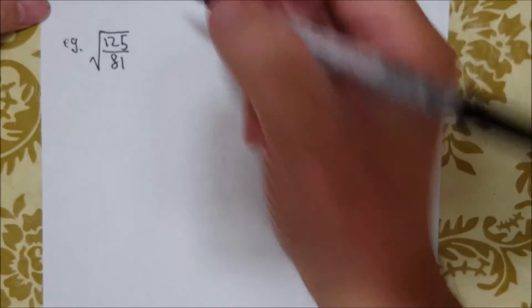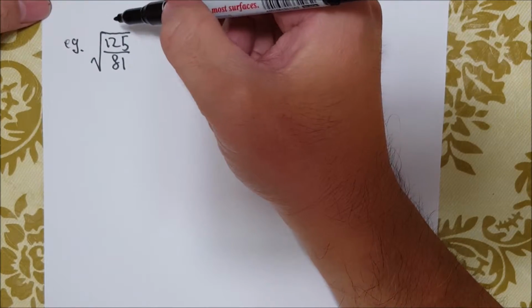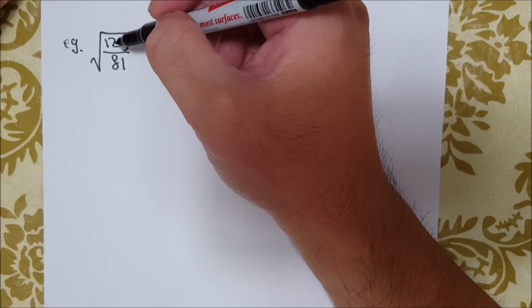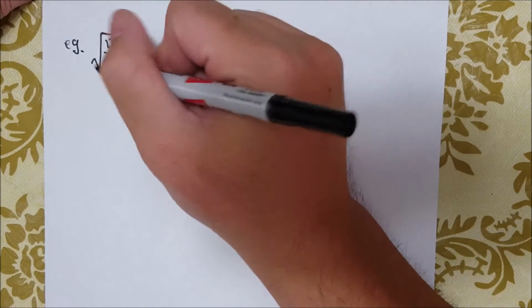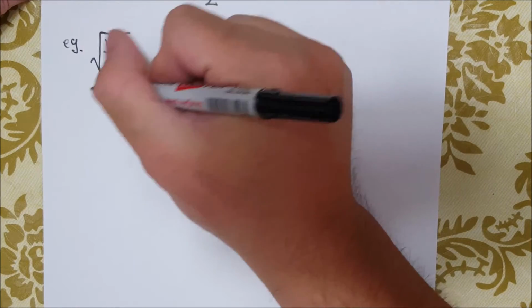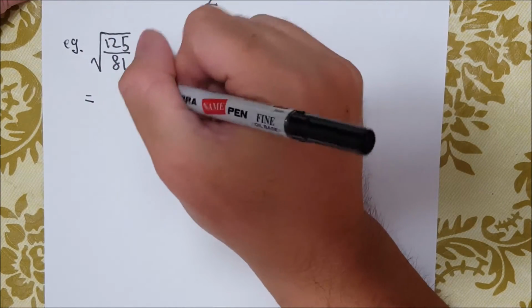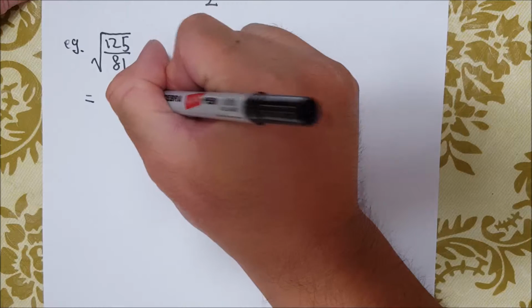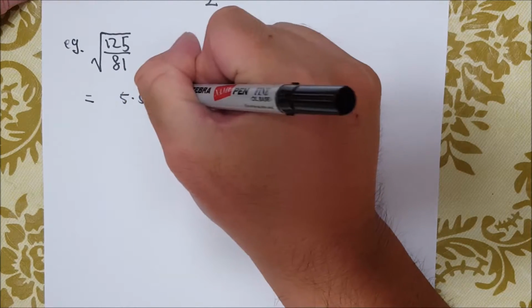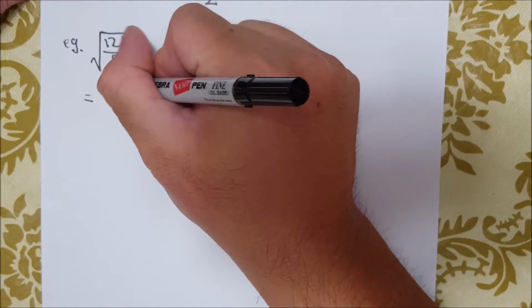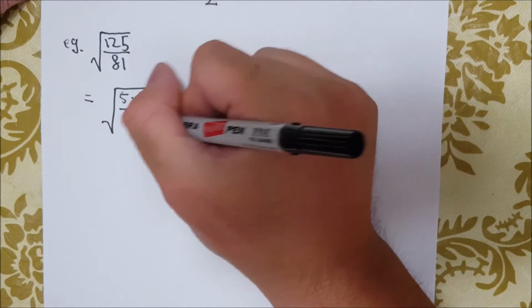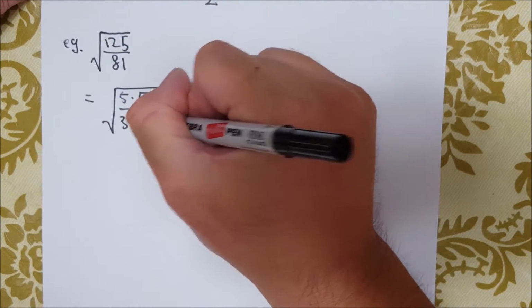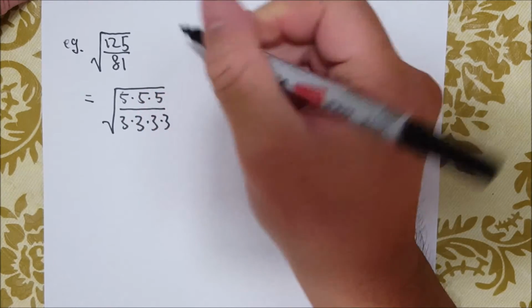Now, let's see an example. Here's the square root of 125 over 81. By factorization, we can get 5 times 5 times 5 over 3 times 3 times 3 times 3.